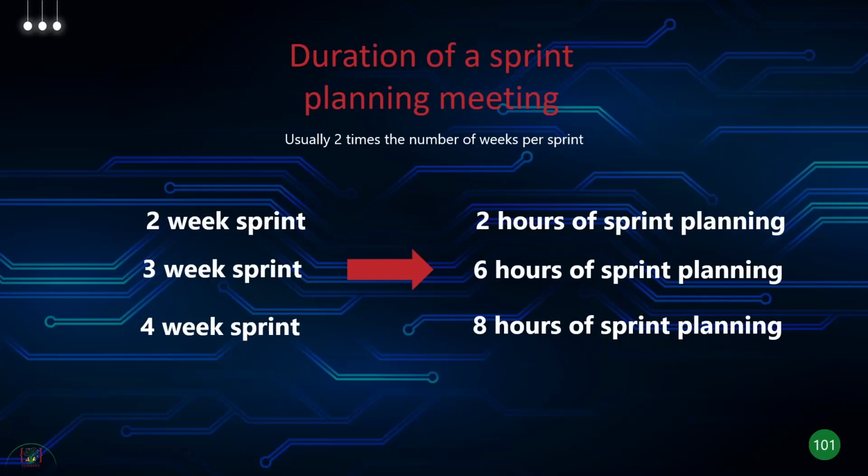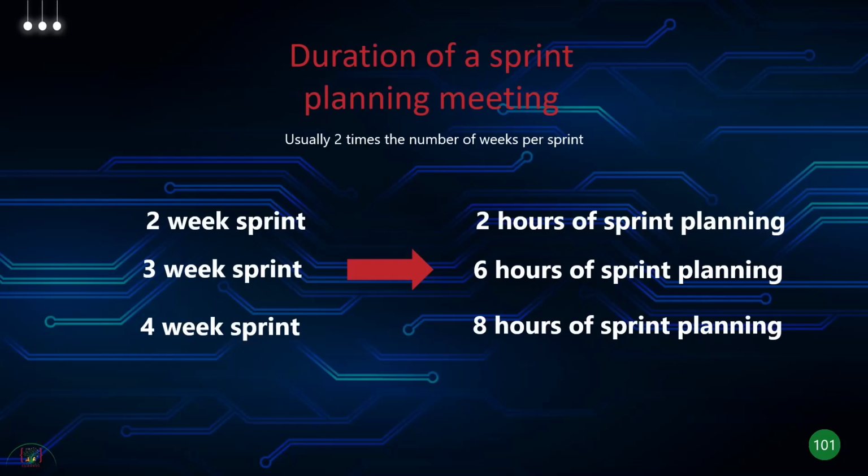What I mean is, if it is a 2-week sprint, let's say, the sprint planning meeting will be 2 hours. Right? It will be 2 times the number of weeks per sprint. So if it's a 3-week sprint, it will be 6 hours of sprint planning. A 4-week sprint, 8 hours of sprint planning.